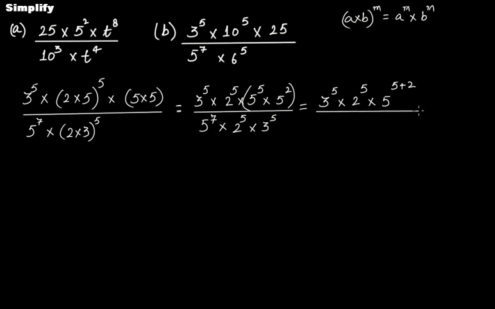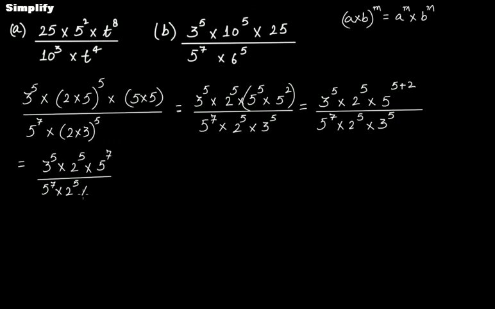Then divide by, this is 5 to the 7th power times 2 to the 5th power times 3 to the 5th power. Now here, this is 3 to the 5th power times 2 to the 5th power times 5 to the 7th power, and this becomes 5 to the 7th power times 2 to the 5th power times 3 to the 5th power.